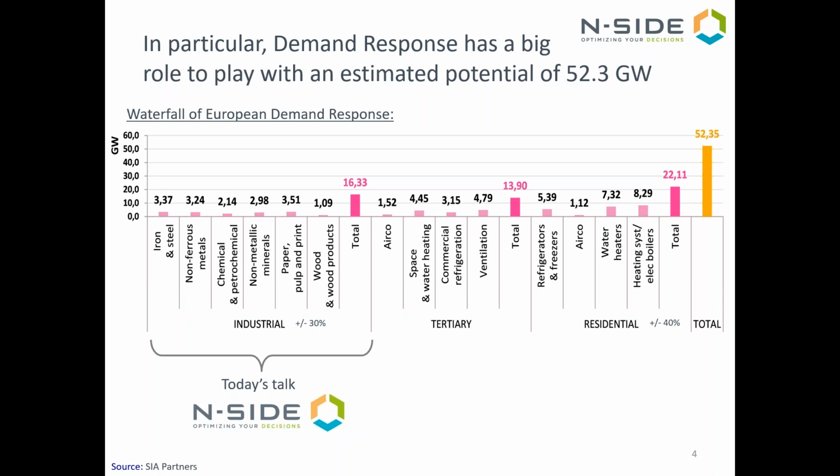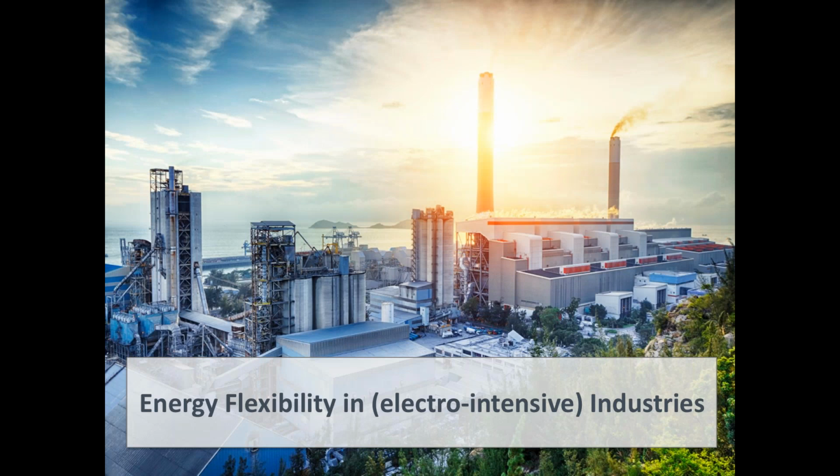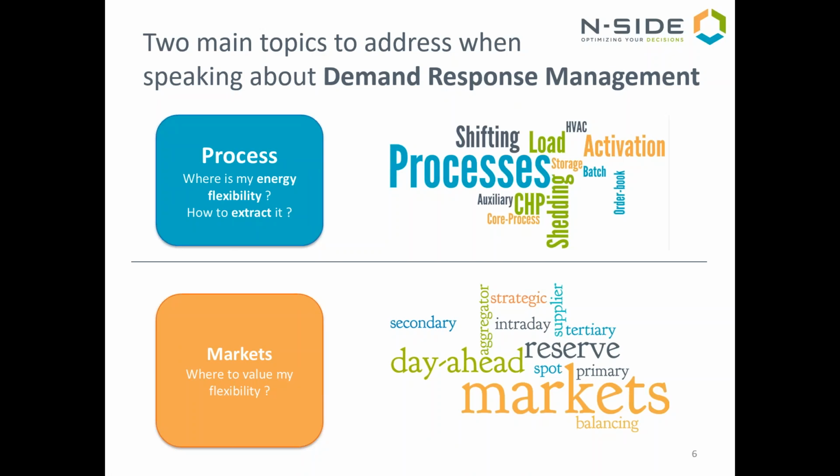You have also the tertiary, and then finally 40% owned in the residential. And Cara already explained and provided interesting information about how to leverage flexibility at the residential side. So we really focus here on the industry and what is the potential value we can generate with them.